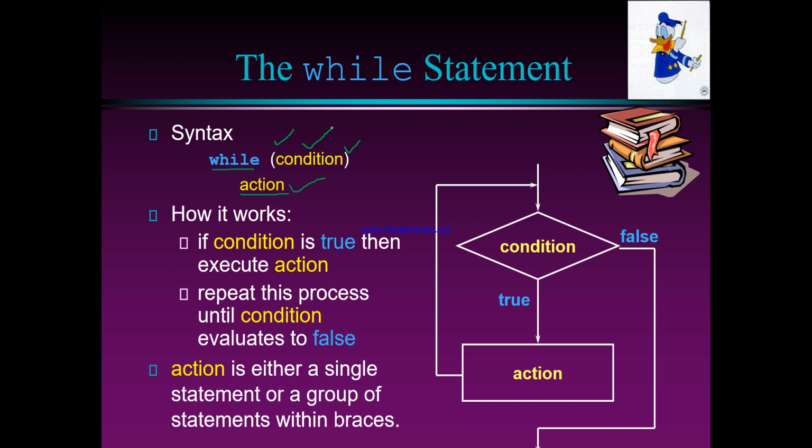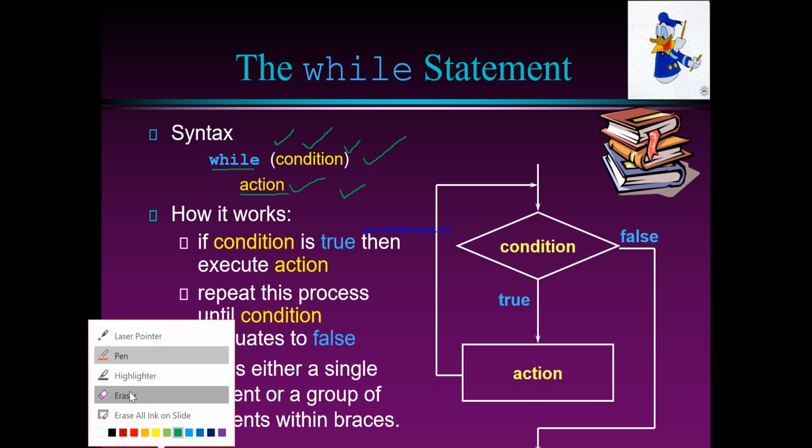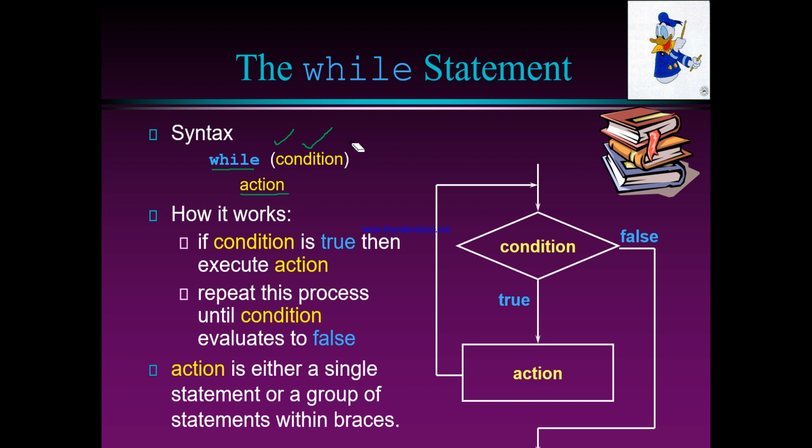The true and false concept has already been discussed in the conditional statements like the if statement. So this condition works similarly to the condition in an if statement. If the condition becomes true, the action performs once. This is the concept of the if condition, which we have already seen.